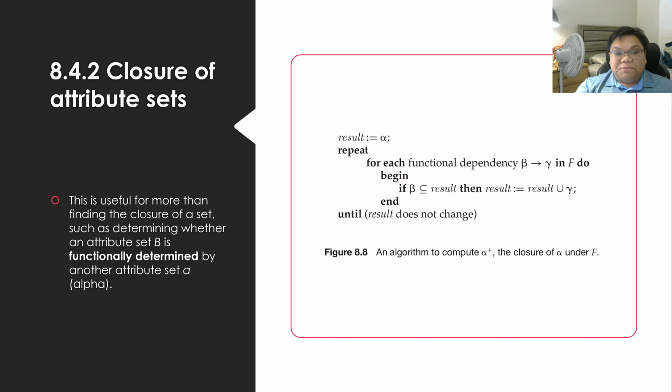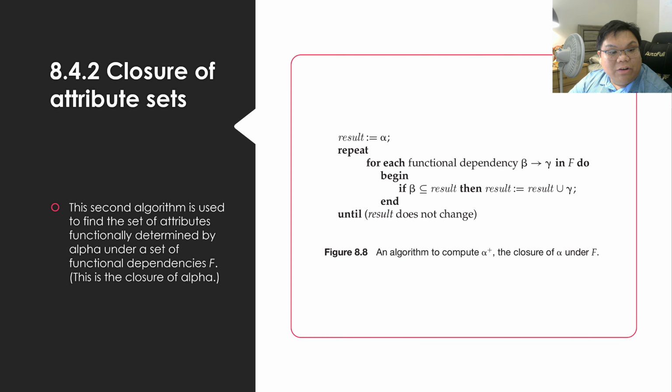For each functional dependency, beta determines gamma in F, determine whether beta is a subset of the result, and then union the result with gamma. And we repeatedly do this loop until the result does not change.